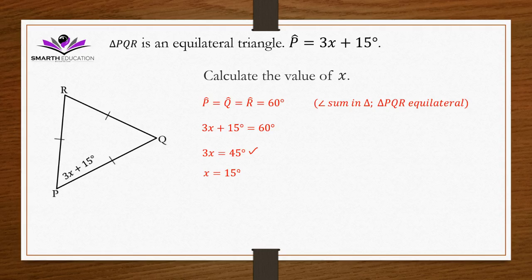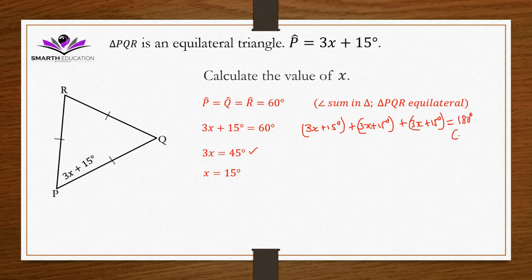Even if we had said 3x plus 15 degrees plus 3x plus 15 degrees plus 3x plus 15 degrees is equal to 180 degrees, it was going to be longer.